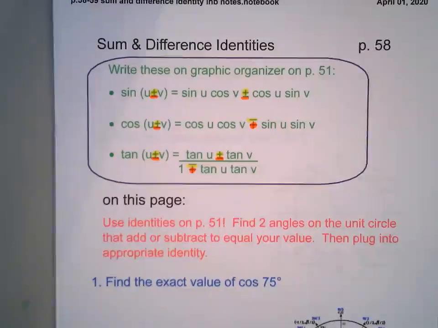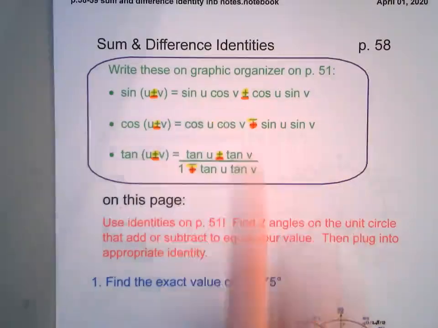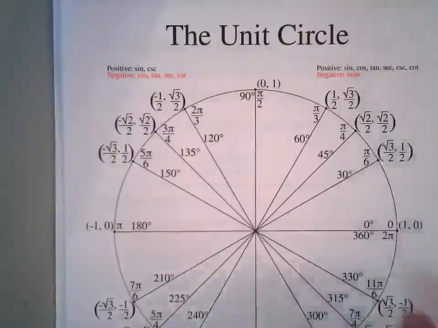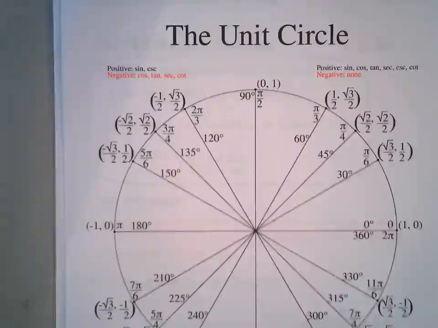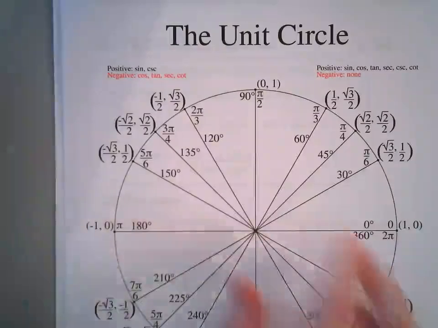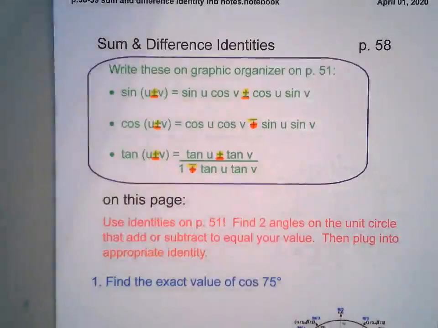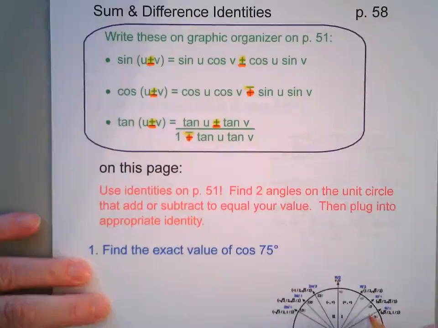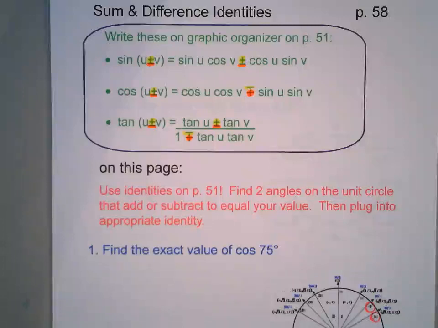All right, so I want to have this on here as well as working this problem down here at 75. You're allowed to use any values around the unit circle that either add or subtract to be 75 degrees. And I think the most obvious of those would be to use 30 and 45 degrees, because 30 and 45 degrees add up to be 75.